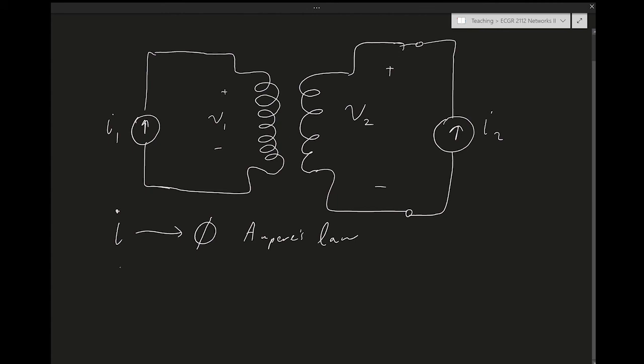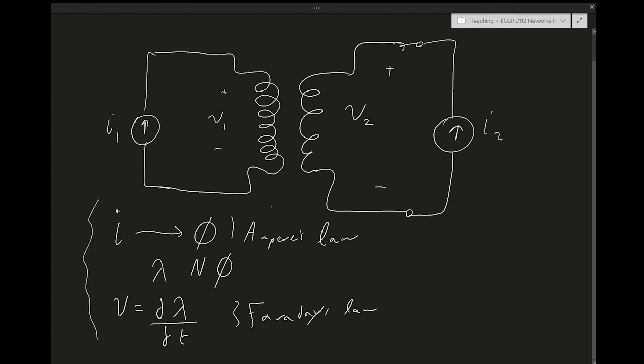Then there's Faraday's law, where the flux linkage is just the number of windings of the coil times the flux, and Faraday's law states that the voltage is just the rate of change of the flux linkage with respect to time. Those are the physical building blocks to get the circuit relationship for mutual inductance.